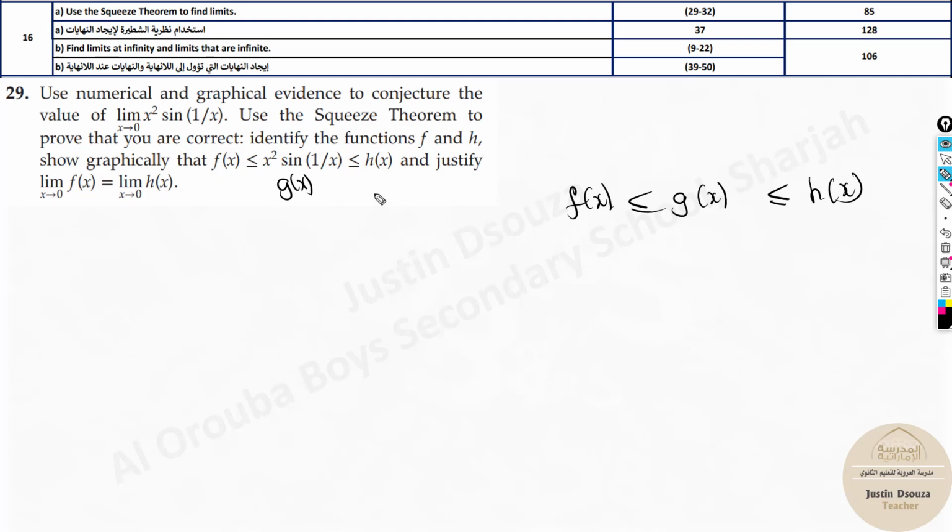See, that's already given. This g of x given to us, x squared sine 1 by x, is in between f of x and h of x. In such cases, let's first apply the limits to the outer functions.